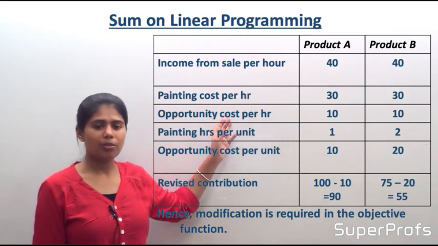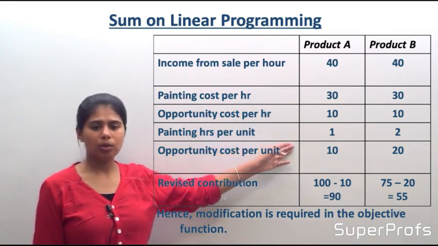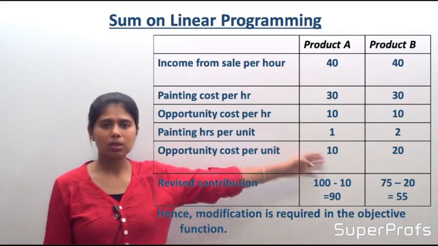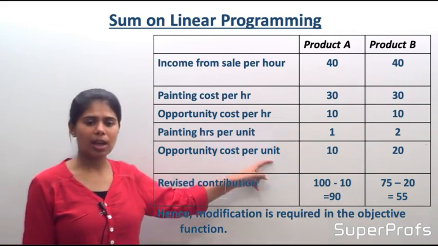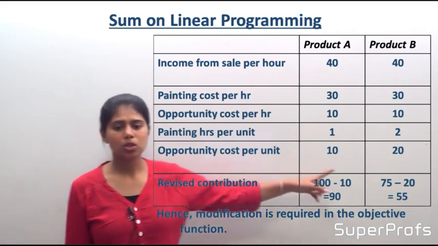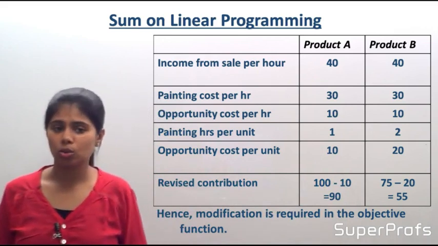If I manufacture product A, I have a painting hour requirement of 1 hour per unit, and for B it is 2 hours per unit. So my opportunity cost per unit of A becomes 10 and my opportunity cost per unit of B becomes 2 hours of painting, 10 into 2, 20.